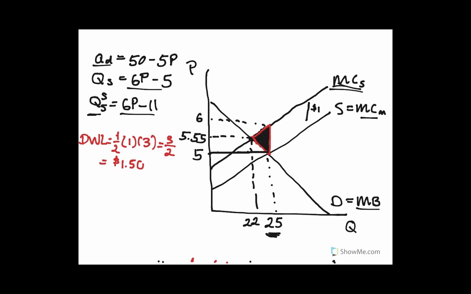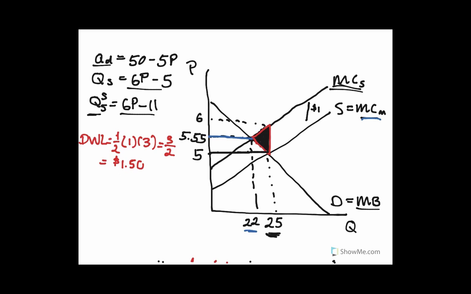So now what's going to happen is, when we move to 22 units, consumers are going to pay $5.55 because that's the new equilibrium, right? But this marginal cost curve is still the cost that the firms see. They don't actually have to pay this. There's just this dollar in between that's going to the government for taxes.